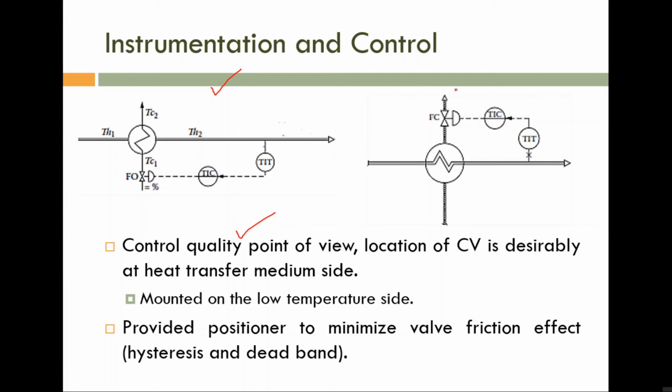It will be small if you install the control valve on this low temperature side, but still, after heat transfer this is hot liquid, only the temperature is smaller compared to the other part. So definitely we can expect some valve friction. To reduce the effect of valve friction, normally we need to use a positioner, especially for a heater.